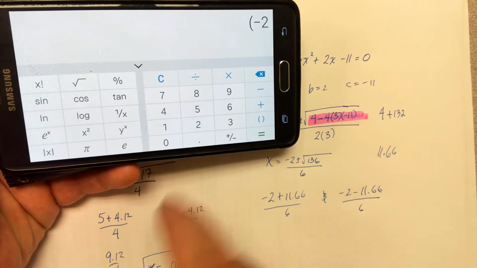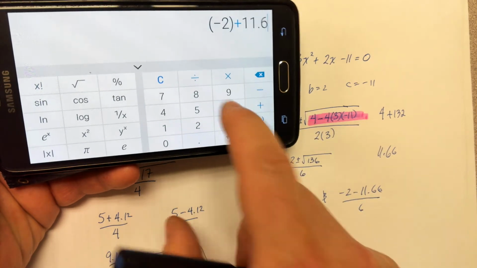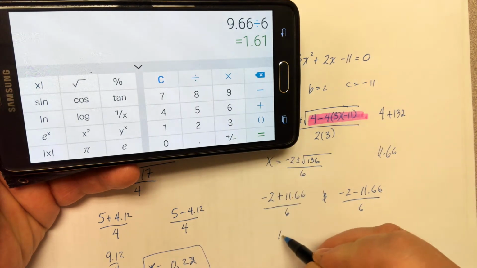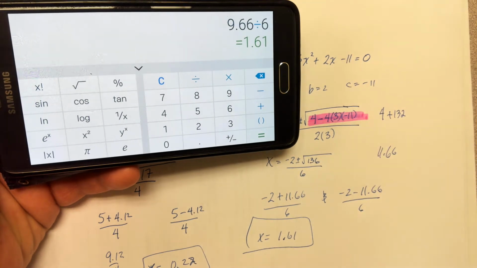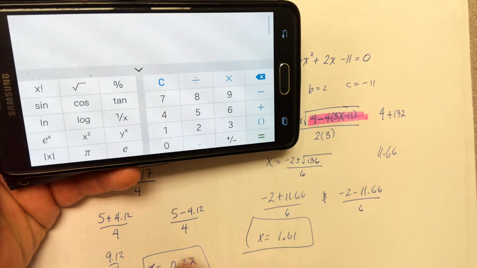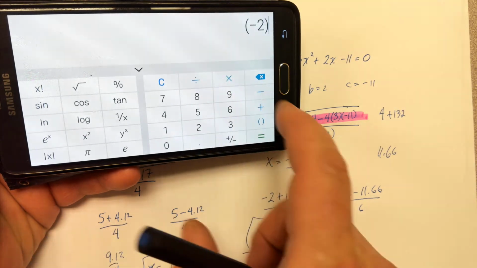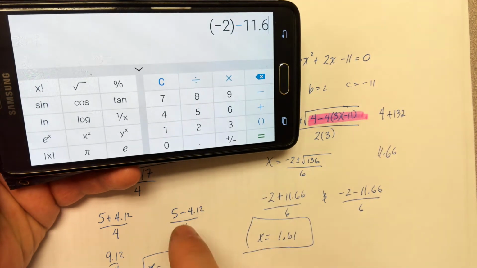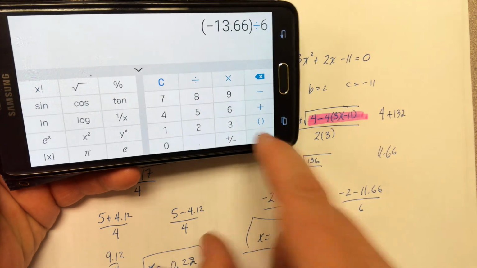Negative 2 plus 11.66 equals, and then divide by 6. You can't just put a minus 2 plus 11. You have to put the parentheses in the calculator. That's just how this calculator does it. It's kind of a pain, I know. And then take that answer and divide that by 6.